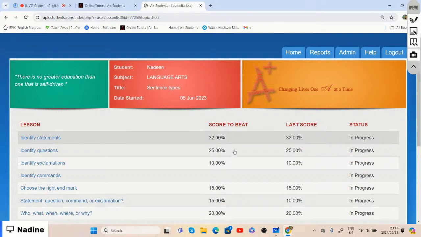All right, and under the chapter of sentence types, we specifically spoke about the statement, and we spoke about questions. We said a statement just tells us about something, and it ends with a period, whereas a question ends with a question mark.